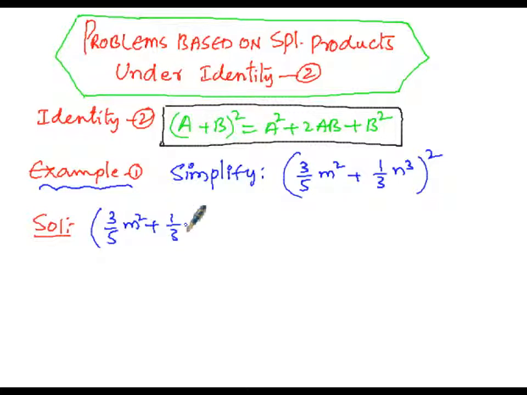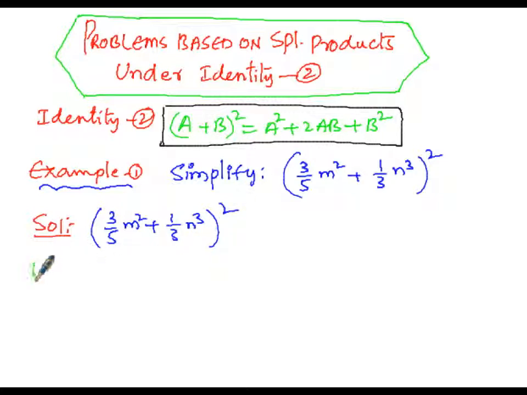1/3 n cube whole square, but it is similar to the identity, that is (a + b) whole square, where a stands for the first term, that is 3/5 m square, and b stands for the second term, that is 1/3 n cube, so whole square. So it is similar to (a + b) whole square.